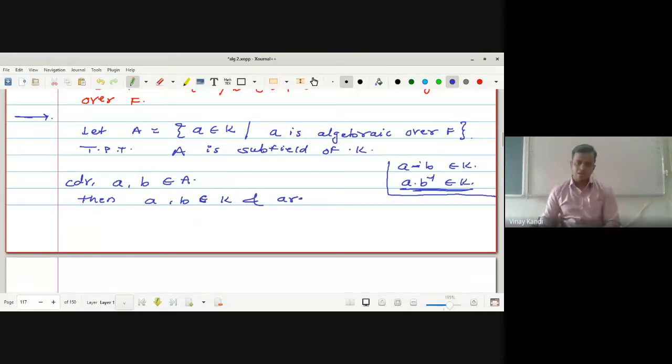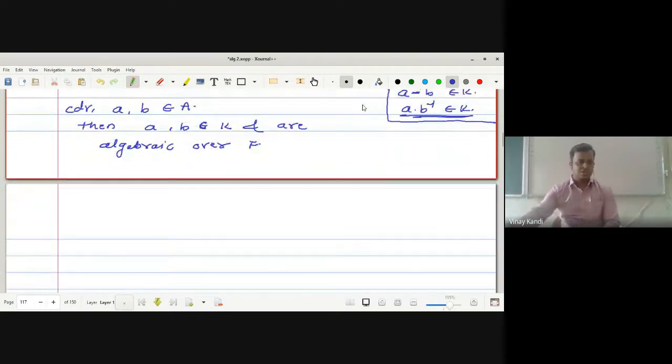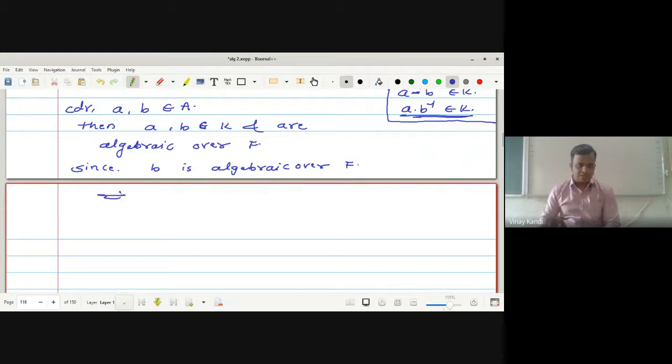So a and b belong to K and are algebraic over F. Since b is algebraic over F, this implies b is algebraic over F(a). Why?